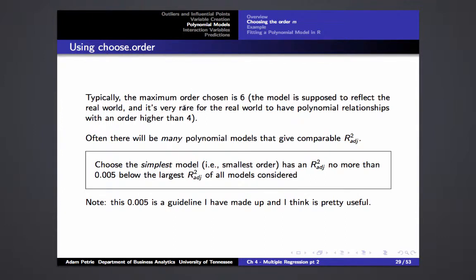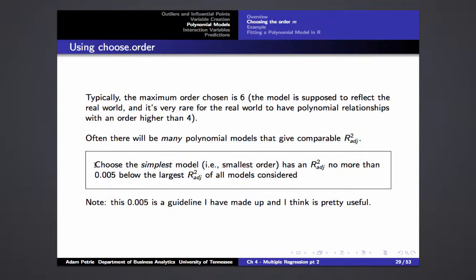So we're going to look at the R squared adjusteds for each of these models with all these powers of x. And most likely there's going to be many that have comparable R squared adjusteds. So I could just blindly choose the one with the highest R squared adjusted, but I'm not going to quite do that, because when I'm building a regression model, I'd really like to come up with a simpler model if at all possible.